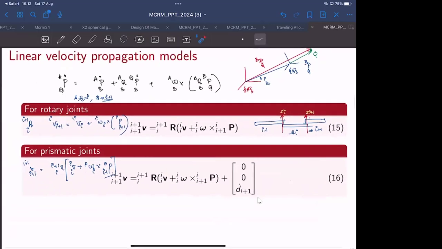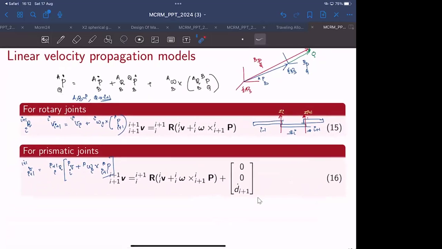When we have a prismatic joint, we have one more term, 0, 0, d I plus 1, because if the Zi plus 1 joint is prismatic, it will translate along Zi plus 1, so the translational component will also add up. This term does not exist for a revolute joint.